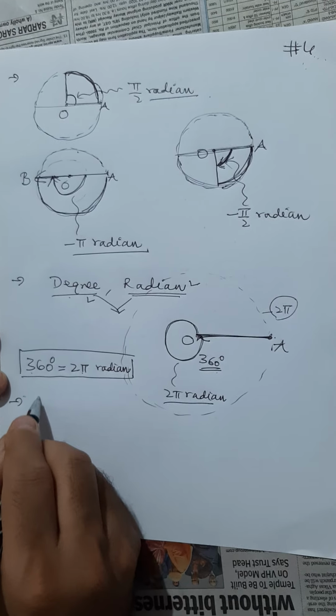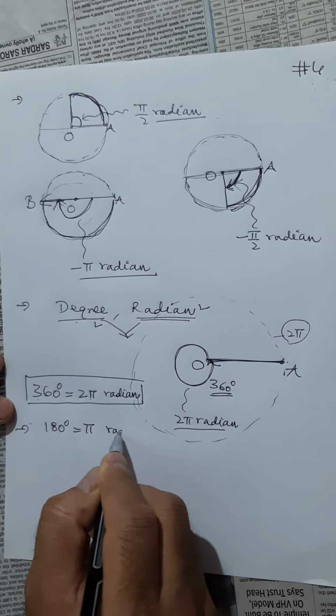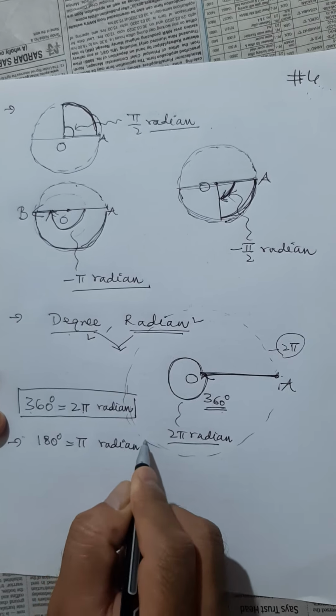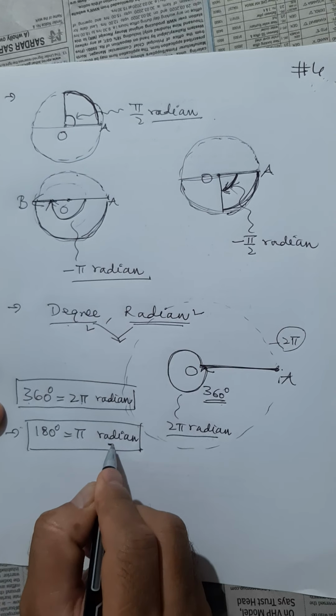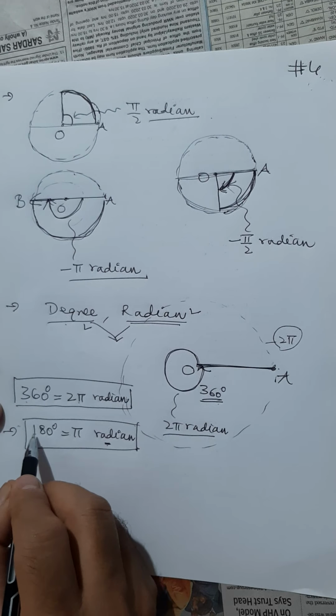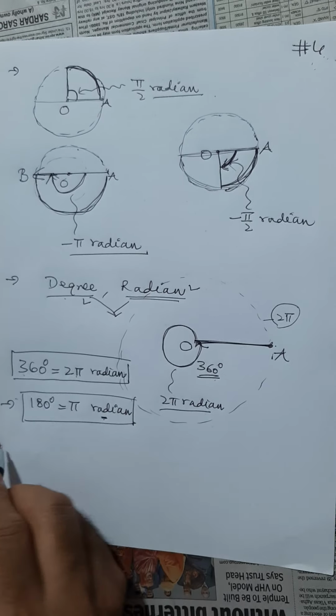So obviously you can say that 180 degree equals pi radian. This is just the beginning, that's why I'm emphasizing. When you write pi, that means it is in terms of radian, remember. And when you write in form of degree, you need to put a small circle here.